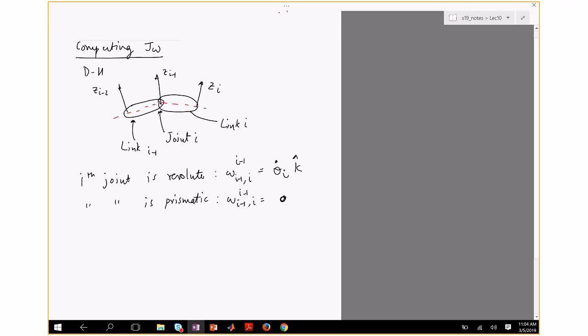Okay, so we wrote this formula earlier, in the last class. We wrote a formula for the end effector.